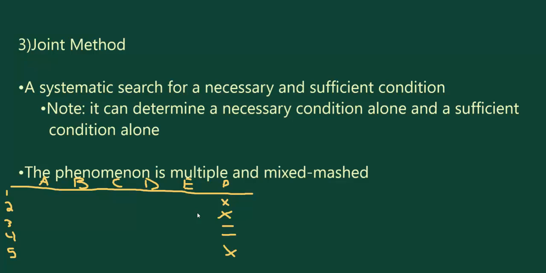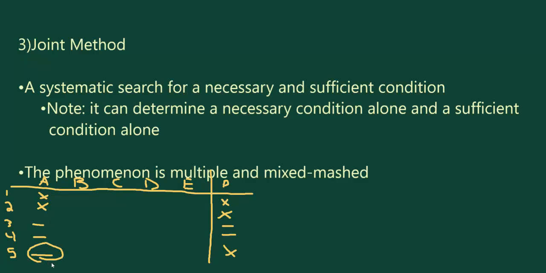And now we can judge, for instance, A, whether it's a necessary condition. And we can go through each of these by thinking first whether they're necessary conditions, by seeing if every time that we have a phenomenon, this condition obtains.